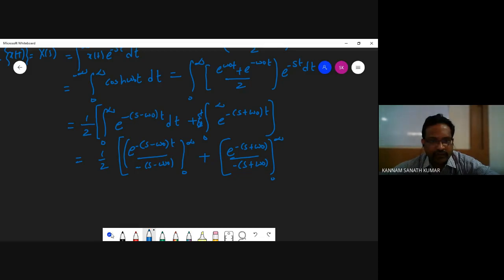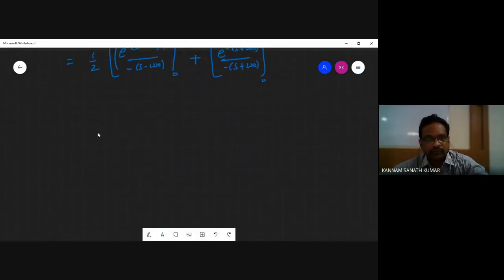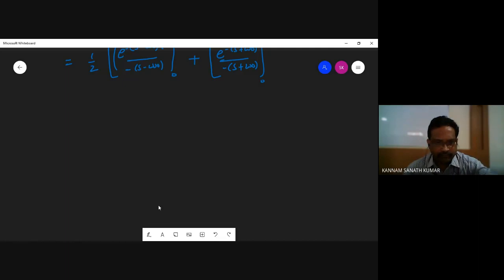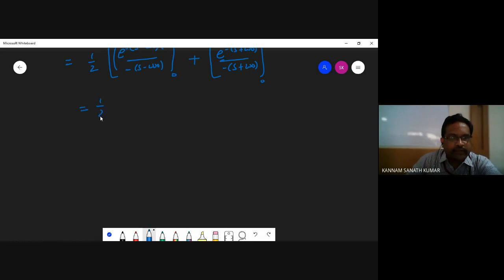Now you can apply the limits. If you apply the limits, what you will get? 1 by 2 into e power minus infinity divided by minus (s minus omega naught), plus e power 0, which is 1.